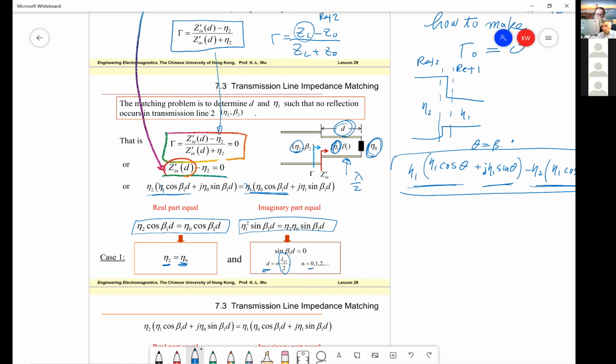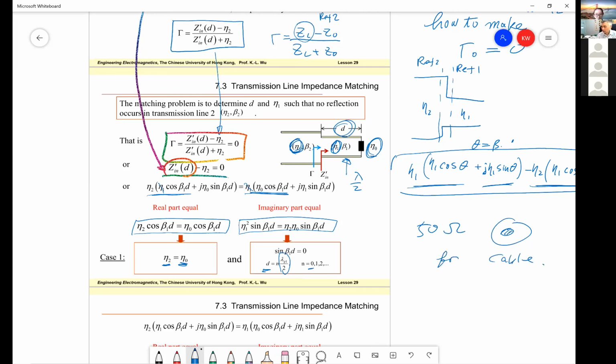Because for a given transmission line, the selection of characteristic impedance is very limited. Particularly for commodity products, the transmission line is fixed, say 50 ohm. 50 ohm characteristic impedance is very popular for coaxial cable.